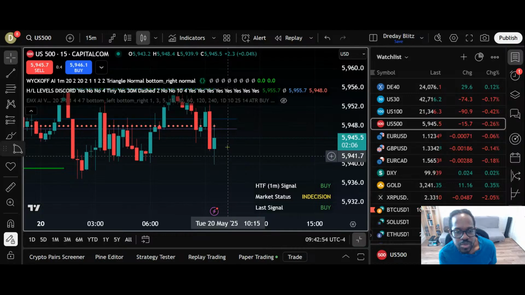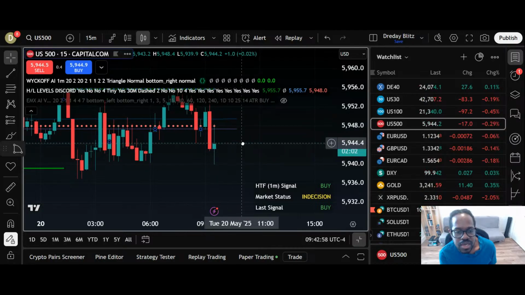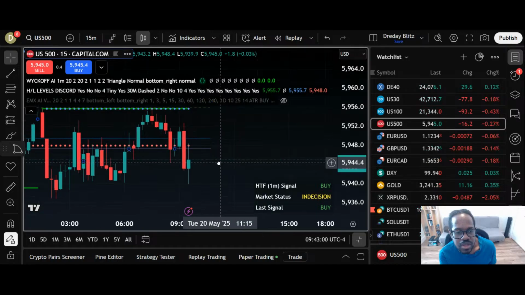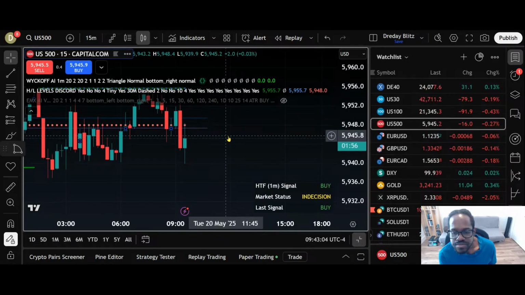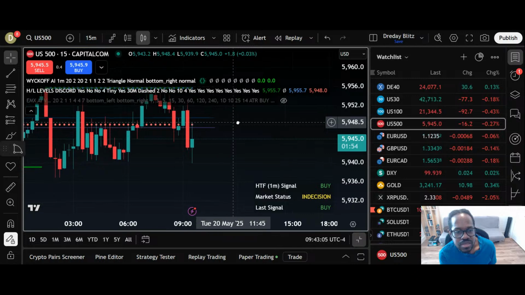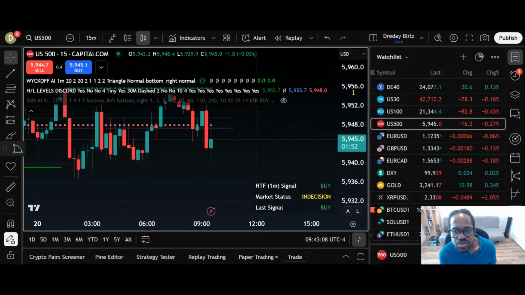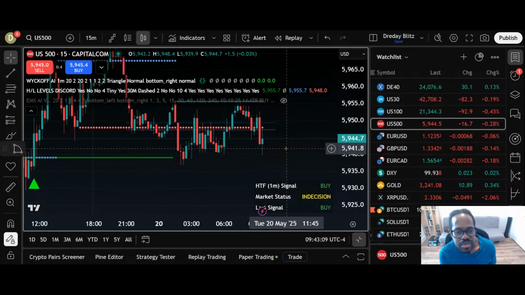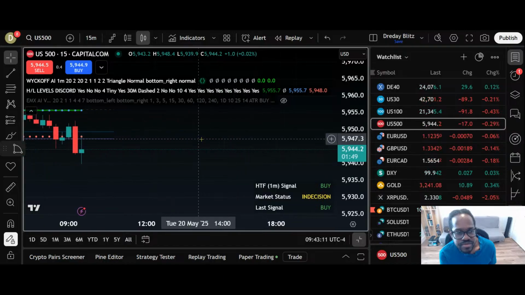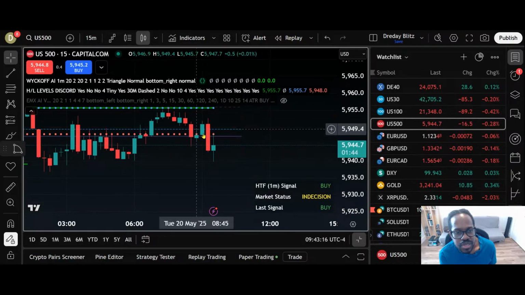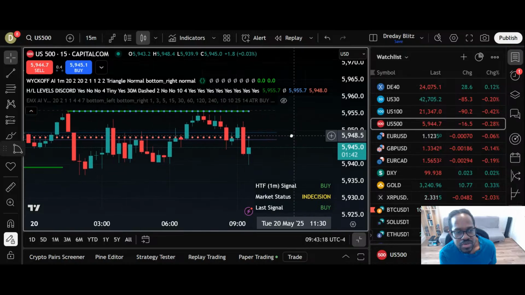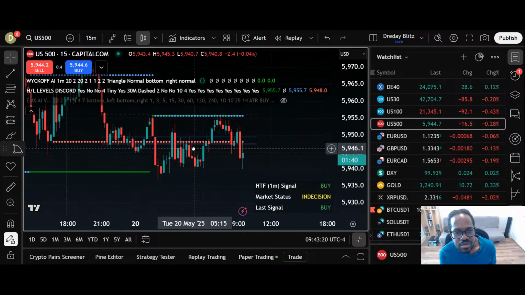Pretty sure some people took some sells, some took some buys, and most of them lost their position unless they're trading on a higher time frame, and they may see more confluence here. But overall, I'm expecting the price to go a bit more down here.